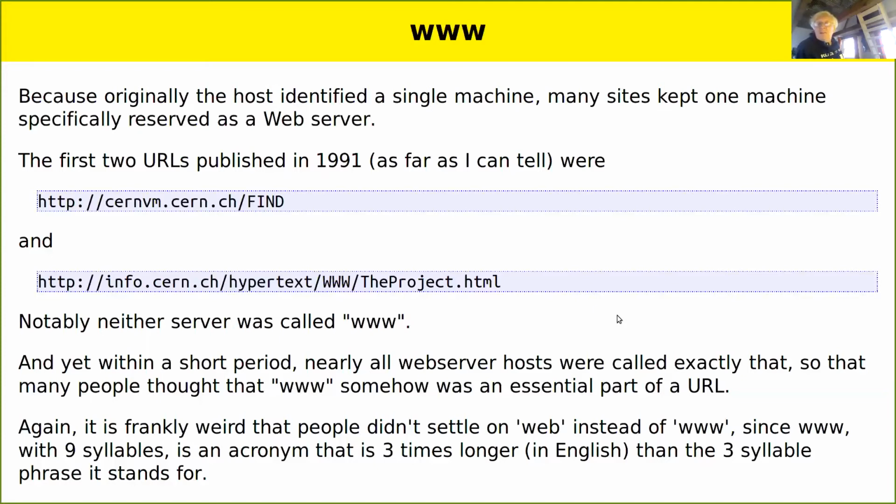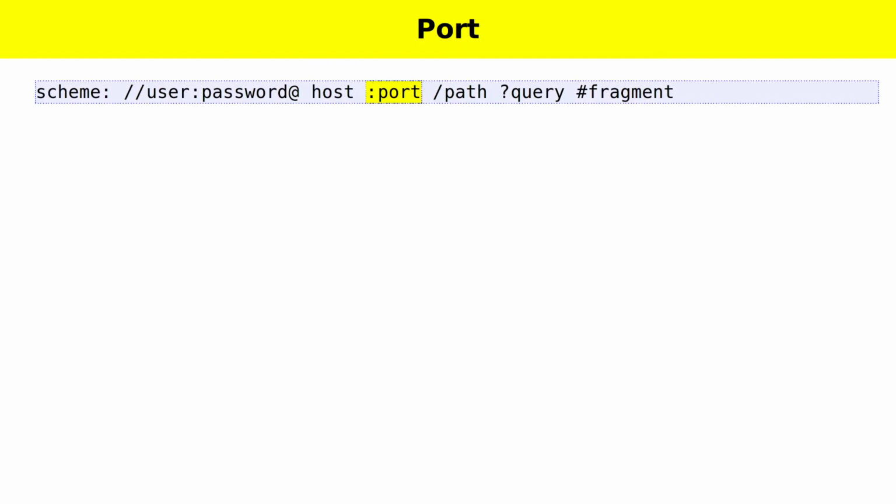In the same way that HTTP was a weird choice for the scheme name, www was a weird choice for the web server name, because www, with 9 syllables, is an acronym that's 3 times longer, at least in English, than the 3-syllable World Wide Web phrase it stands for. So it made URLs difficult to pronounce.